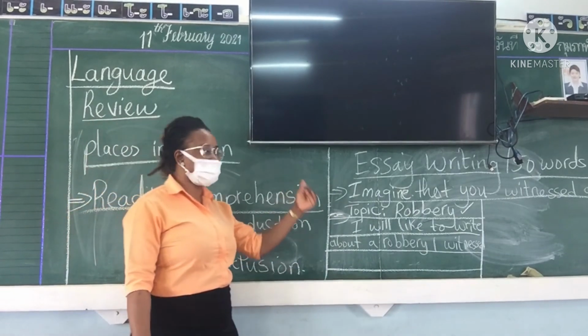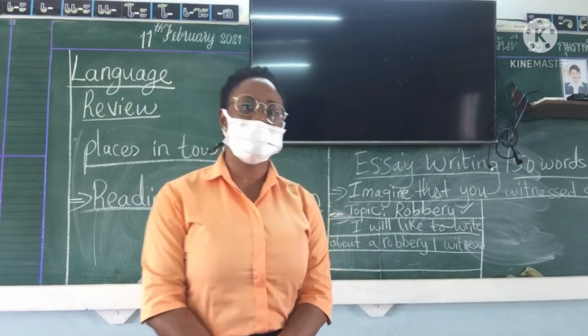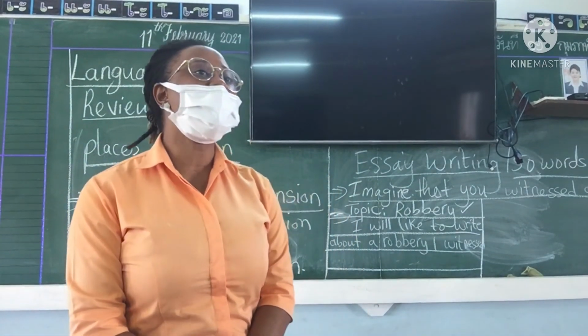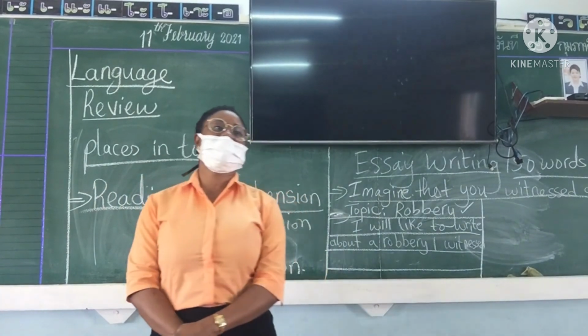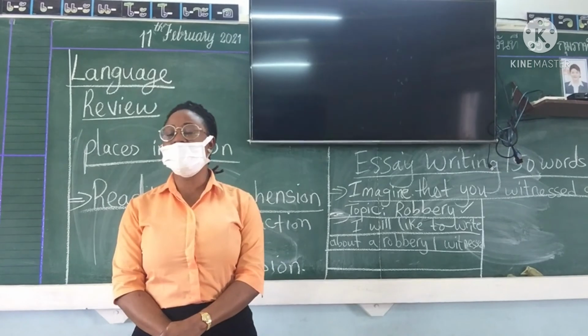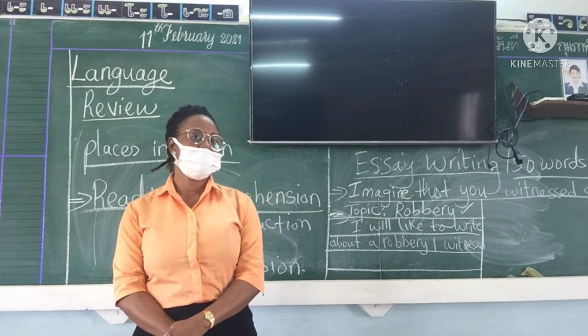So you have some guidelines. You follow those guidelines to build up your story. You must write something. And remember, you write in the past tense, because you imagine this is something that happened in the past.